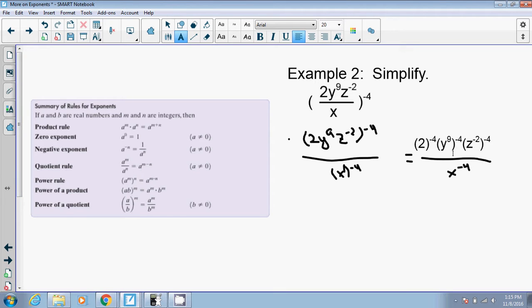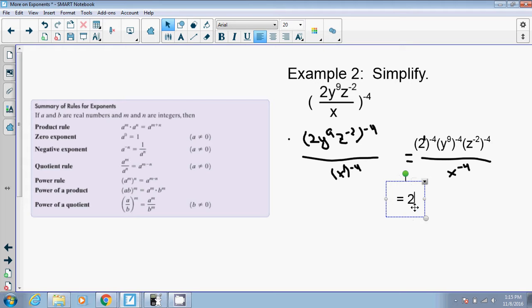But we need to simplify the numerator even more now. We need to now use the power rule. So let's see here. In my numerator, 2, remember this is 2 to the 1st technically, raised to the negative 4th, will become 2 to the negative 4th. And then I'll have y.